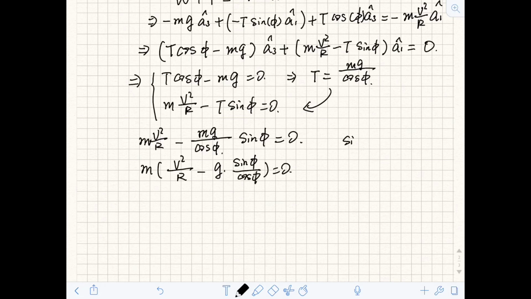And we know sine phi over cosine phi is tangent phi. So in order for this equation to be 0, tangent phi is equal to v squared over g r.